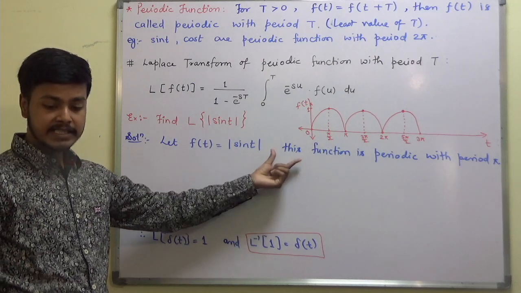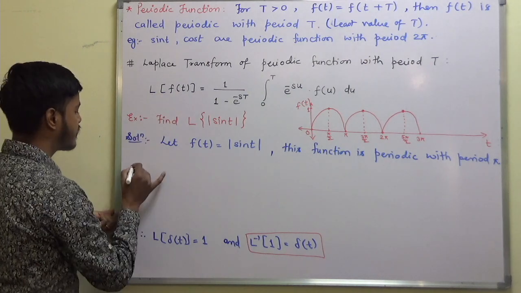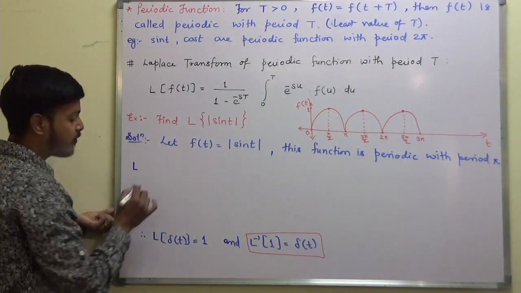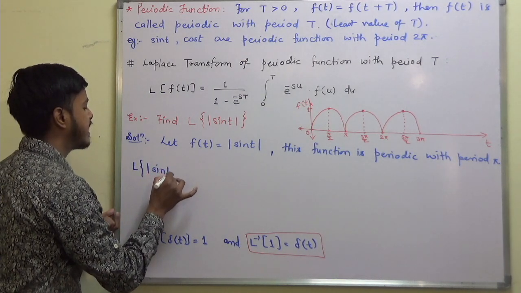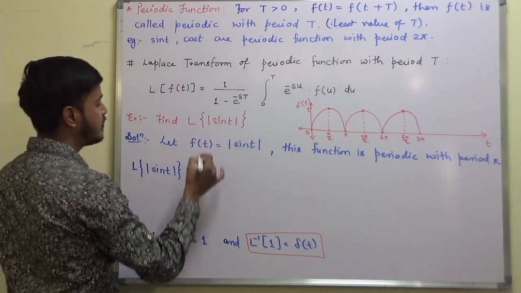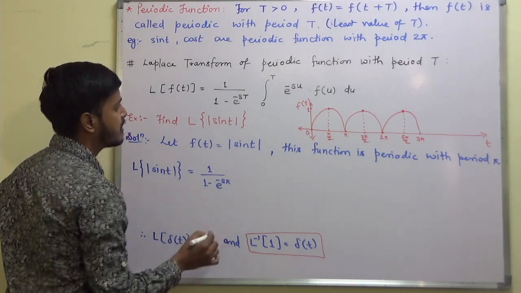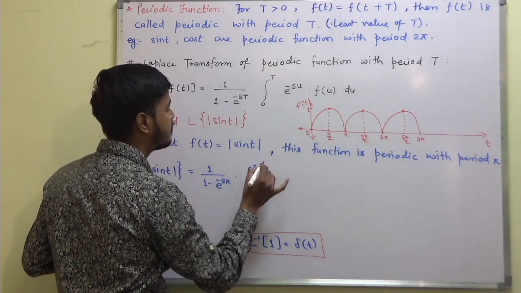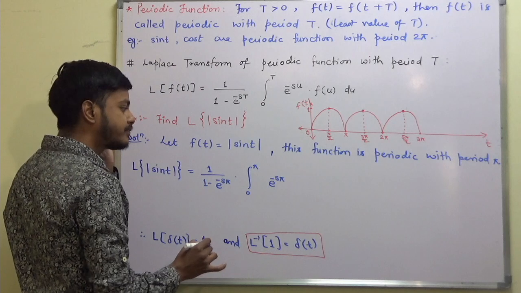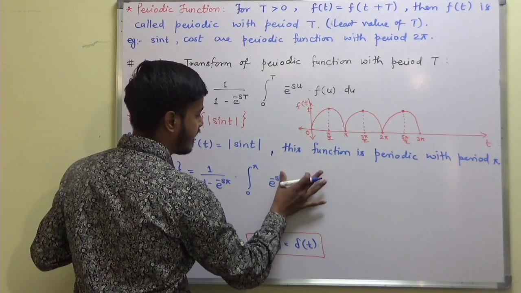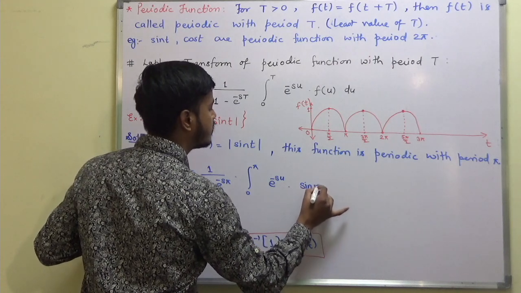Now once you know that this is a periodic function with period pi, you can directly write down the Laplace transform. The Laplace transform of mod of sine t is equal to 1 upon 1 minus e to the power minus s pi, integration 0 to pi of e to the power minus su into sine u du.